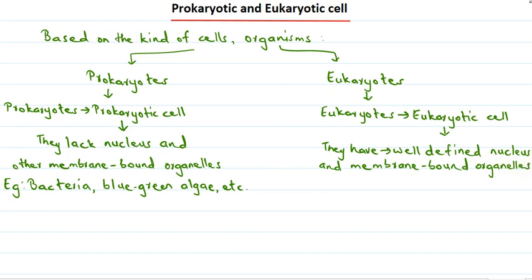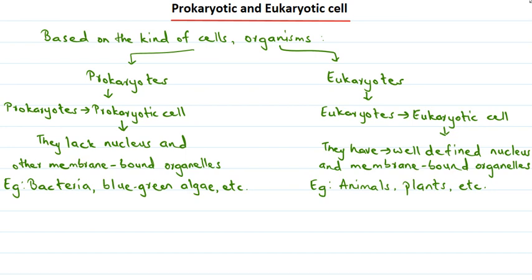Okay, so such cells are called eukaryotic cells, and the organisms that have such cells are called eukaryotes. For example, the animals, the plants, etc. Okay, so these are some of the organisms that are eukaryotes, that is they have eukaryotic cell.